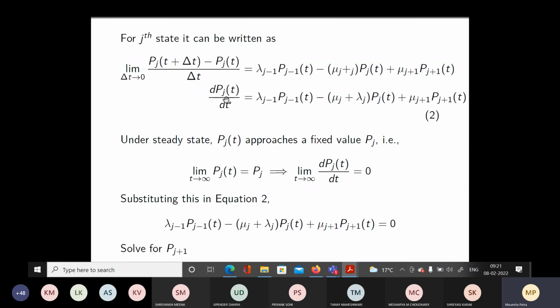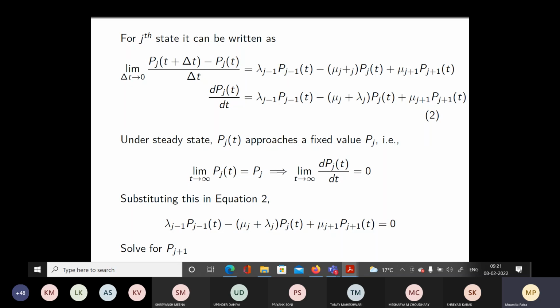So this will be dpj(t)/dt equal to λ(j−1) p(j−1)(t) − (μj + λj) pj(t) + μ(j+1) p(j+1)(t). This you can find out yourself. This is just the derivative that we are finding.